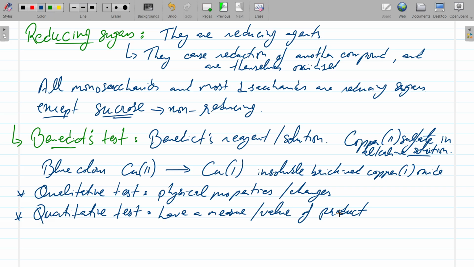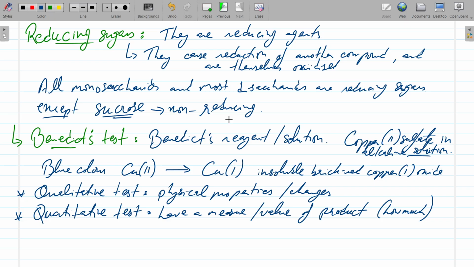So how much of the reactants you used and how much of a product you got, or some value: light intensity, temperature change, gas release, some sort of quantity, some sort of value. If you're running an experiment on photosynthesis, for example, you measure the volume of oxygen released, or the change in temperature if you're measuring a reaction as an exothermic reaction, or an endothermic, so temperature will drop. So if you're getting a value or a measure of something, or a product or a change, then that is quantitative.